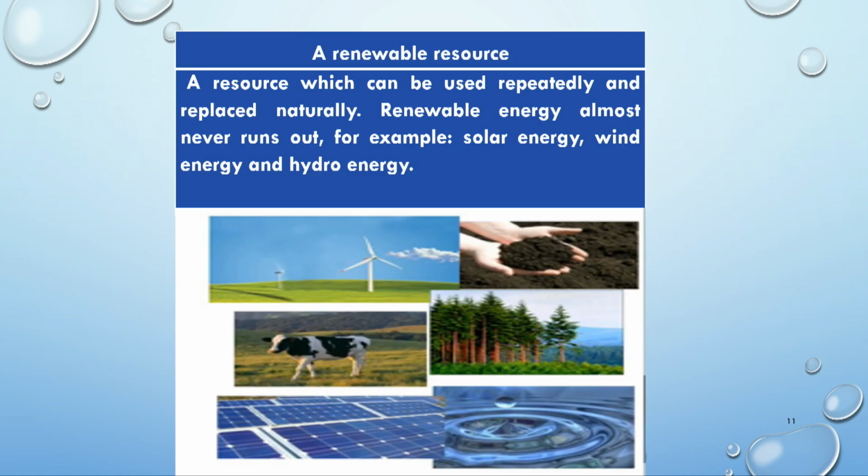Let's look at the definition of a renewable resource. It is a resource which can be used repeatedly and replaced naturally. Renewable energy almost never runs out. For example, solar energy, wind energy, and hydro energy.